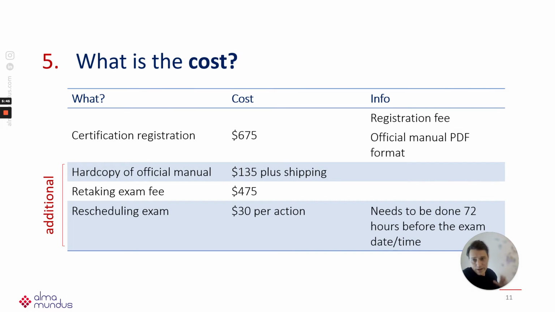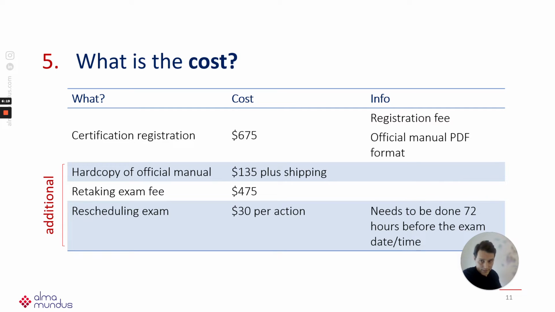Now, question number 5 about the cost. The certification costs $675 and then you can incur other additional costs. The $675 provides you a registration fee, that is the access to the exam, and then the official book in a PDF format. If you want the book in a hard copy format, you will have to spend $135 plus shipping.